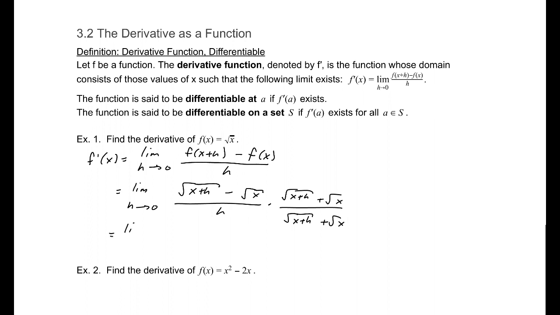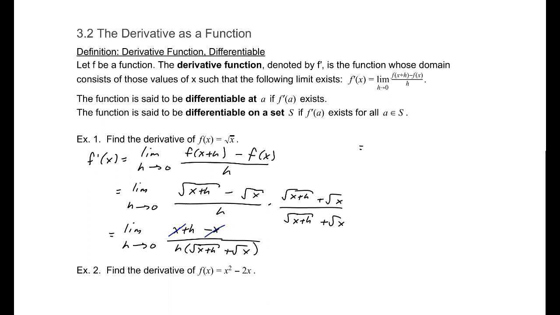All right, that will be the limit as h approaches 0 of x plus h, the outer and inner terms cancel, minus x over h times square root of x plus h plus the square root of x. Several things cancel here. Our x terms cancel, and then our h divides out.